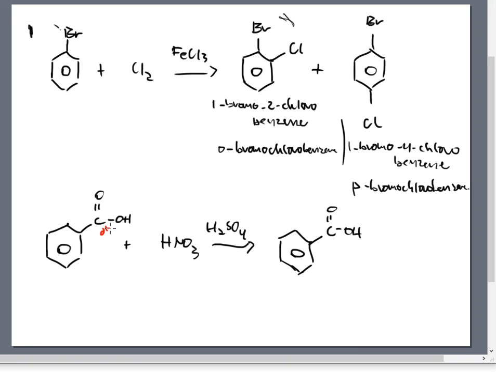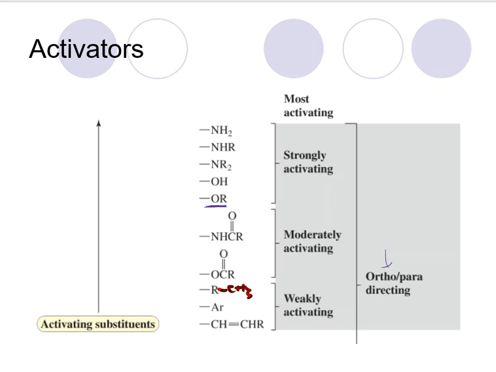It is a deactivator. All deactivators are meta-directors, except for the halogen groups, right? Again, if I need the chart, I can go back to the chart and find that. C double bond OOH. Let me see if I can find it. Well, this is the activator side.